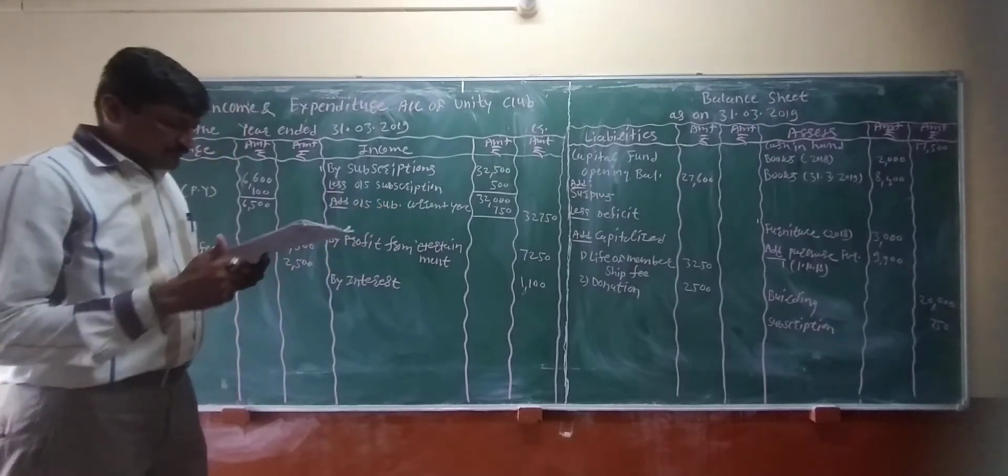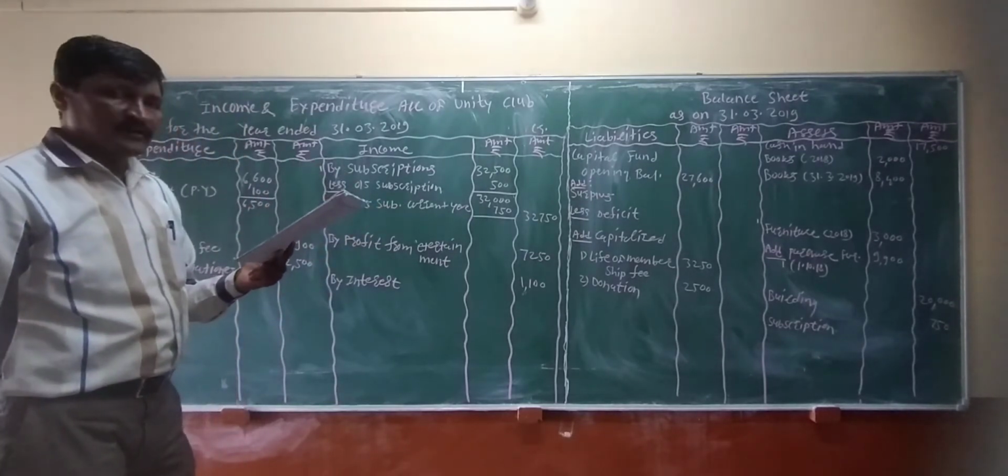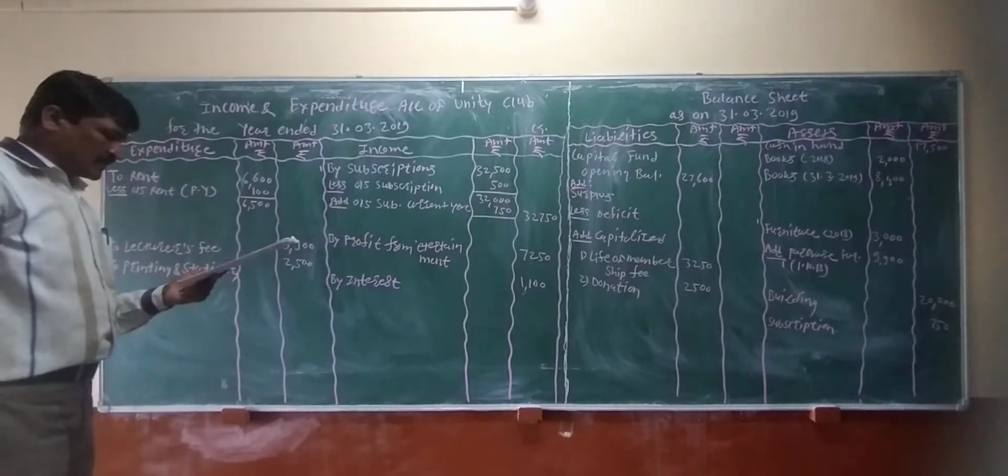Next, the second adjustment, B: rent outstanding.